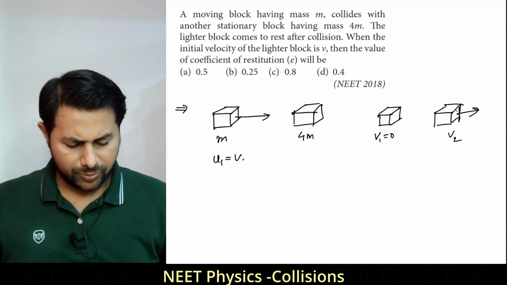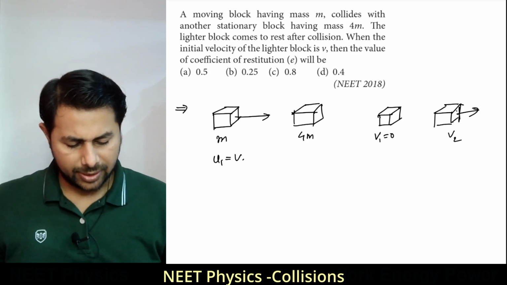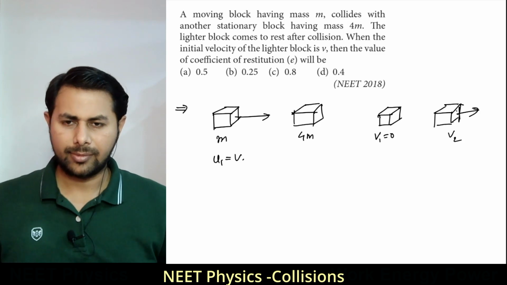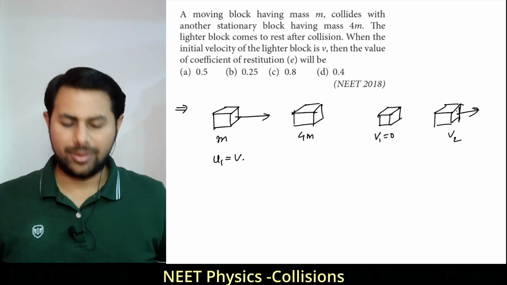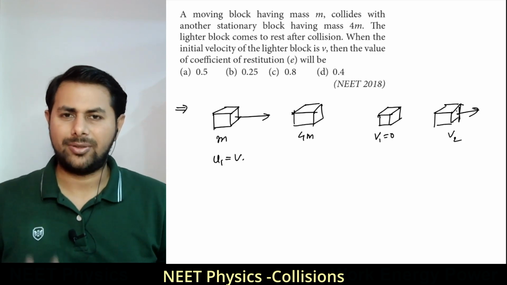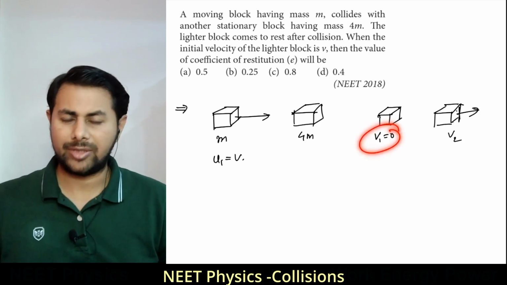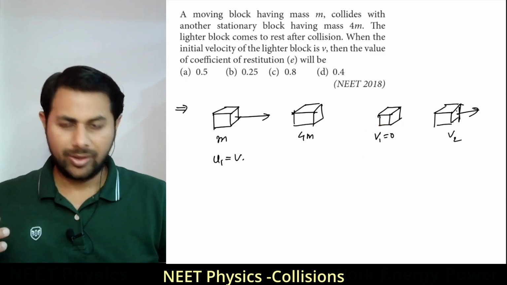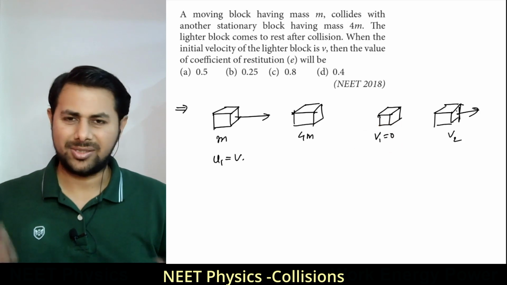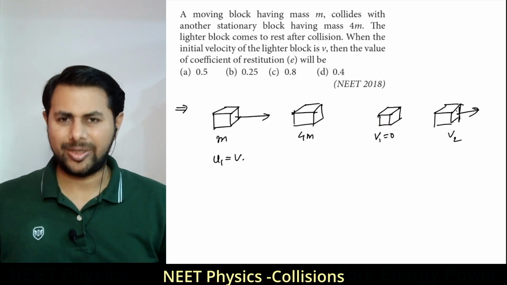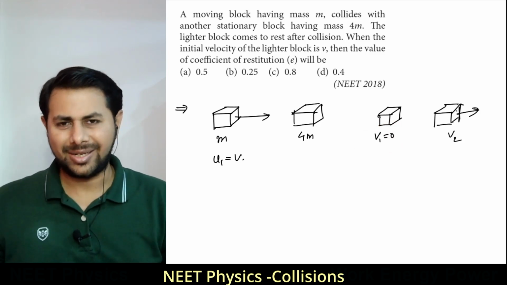Now this one we can simply solve using the conservation of momentum. Normally, what do we need to find out? We need to find the velocity of the first body as well as the velocity of the second body. For that we need two conditions: one is the conservation of momentum, and one is the conservation of kinetic energy.